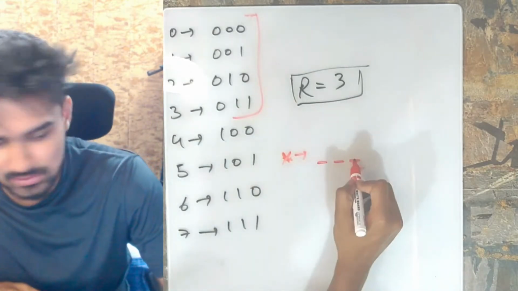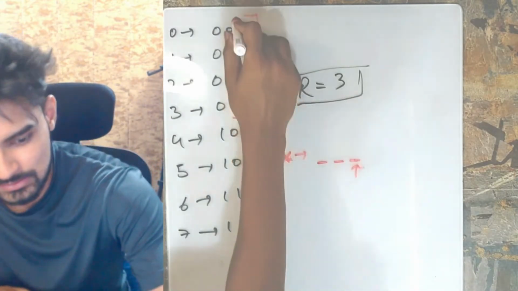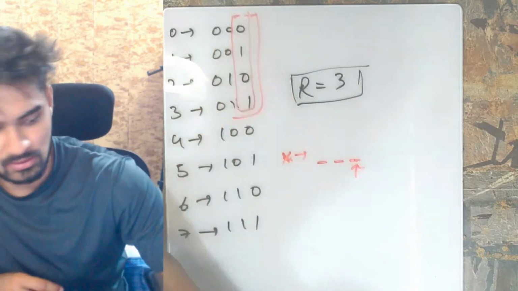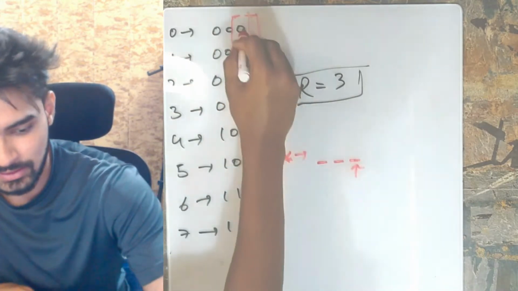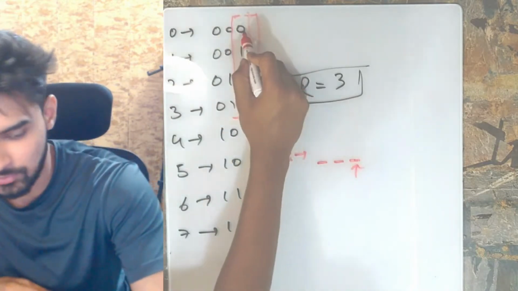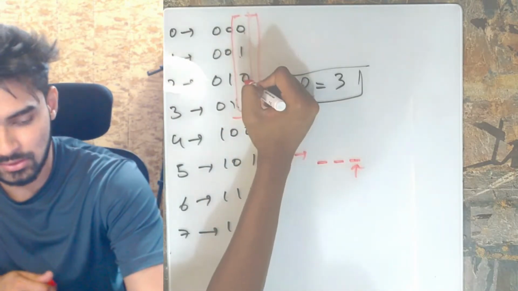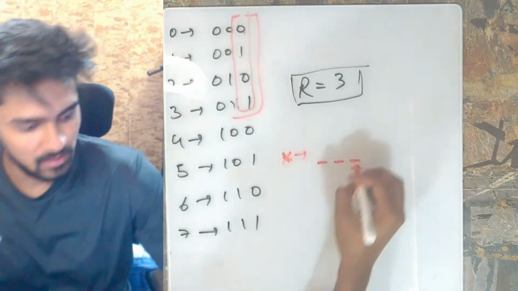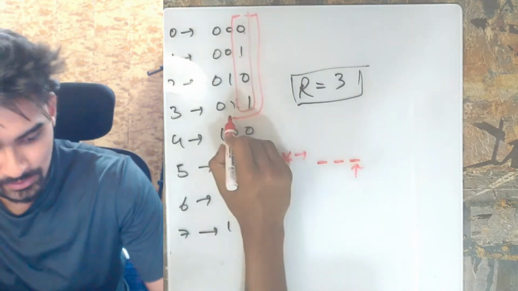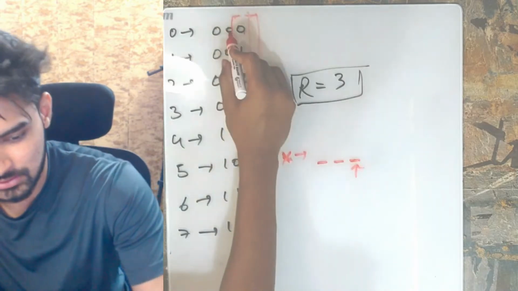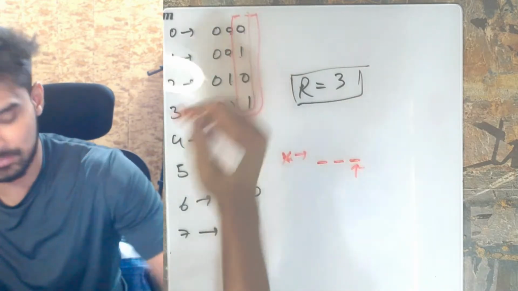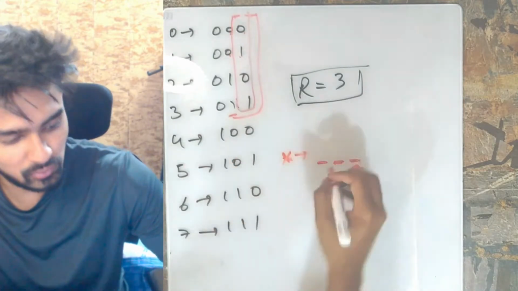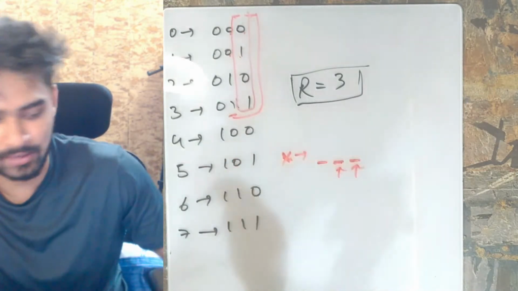If this is equal to 0, these indexes will remain the same. If this is equal to 1, these indexes will rotate. So this 0 will become 1, this 1 will become 0, this 0 will become 1, and this 1 will become 0. Similarly for this one also, these will rotate, so this 0, 0 will become 1, this 1, 1 will become 0 if this bit is equal to 1.